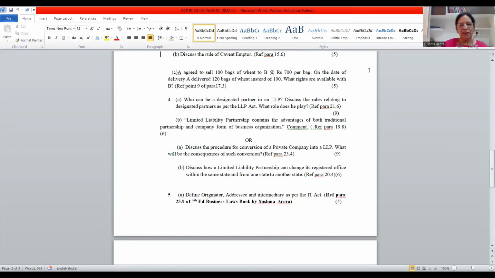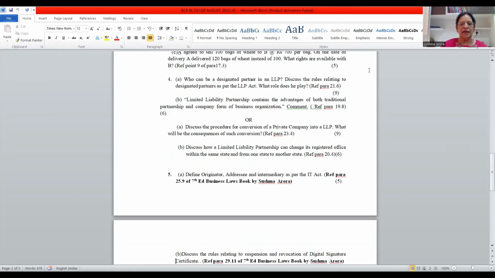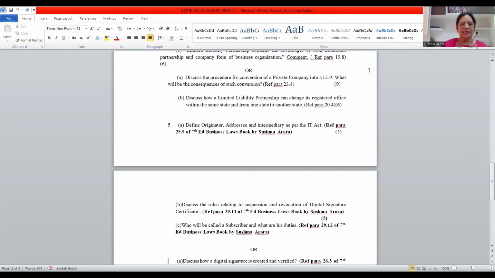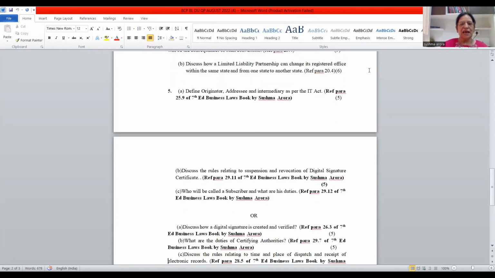Now, I would like to mention, friends, these other questions. This question number 5, parts A, B, C, and all these, friends, are from the IT Act, Information Technology Act. This IT Act has been excluded from the new syllabus as per NEP.